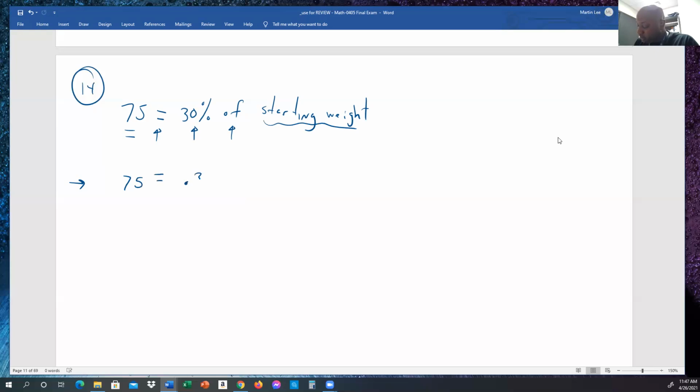Equals, change the percent to a decimal. Of means to multiply, so I'm using parentheses. And starting weight, let that be x. So we have 75 equals 0.30 times x. Divide both sides by 0.30.